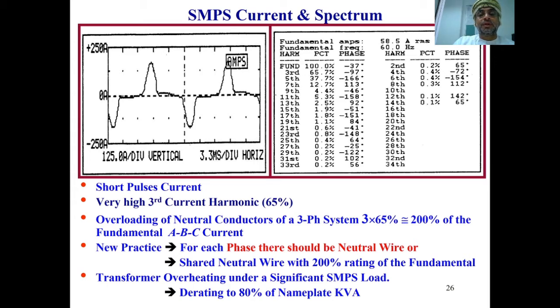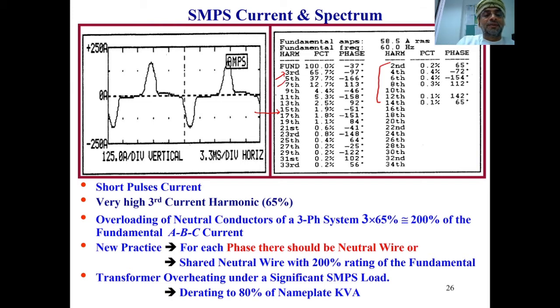Now if we do Fourier analysis, this will be the result. You can see that we have third harmonic 65.7%, fifth harmonic, 7th, and so on. If you look at the even harmonics, they are negligible: 0.2%, 0.4%, 0.4%, and so on.